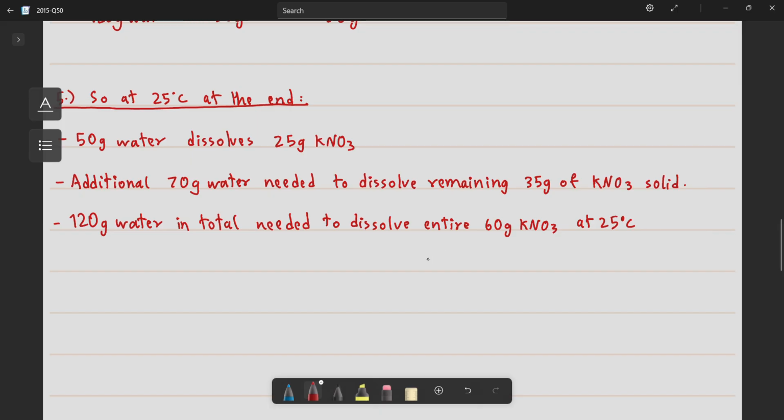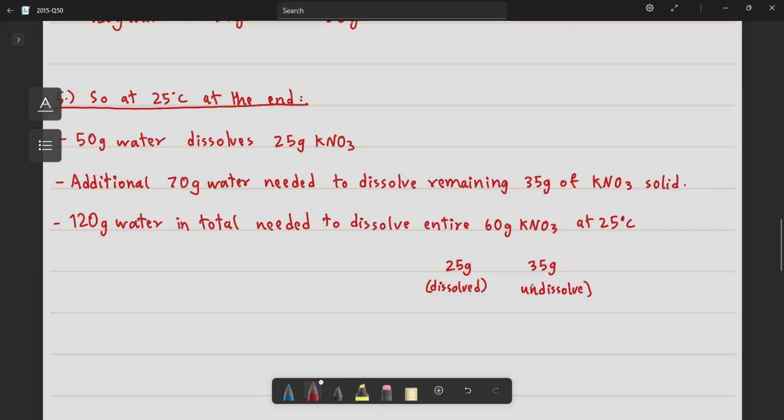So this 60 gram of potassium nitrate, as I mentioned before, includes the 25 gram of potassium nitrate that was dissolved. Okay, that forms a saturated solution, and the other mass of potassium nitrate that we have is 35 grams that was undissolved.